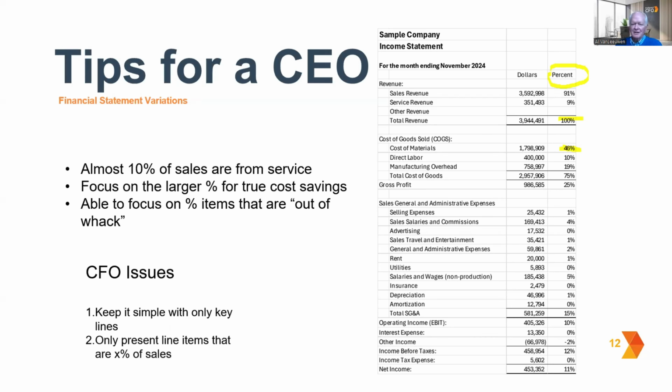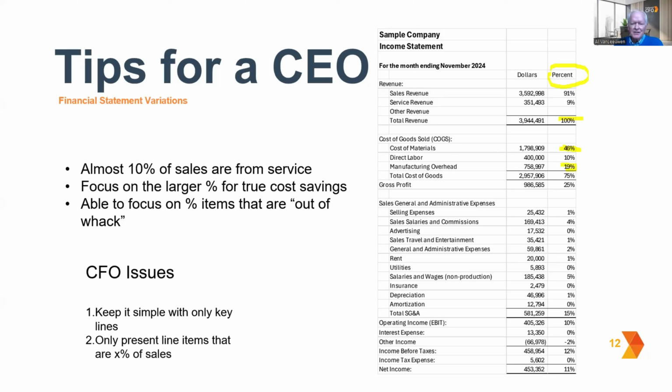So if you're going to sell one other dollar, you'd spend another 46 cents on your materials. Interestingly enough, your manufacturing overhead is 19%. So as you look at these percents, you can tell where you need to focus on for cost savings, or you can look at which expenses seem out of whack.